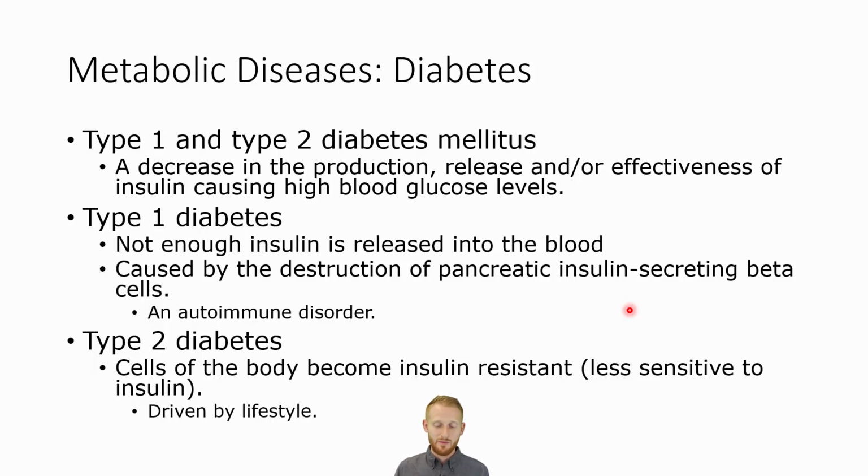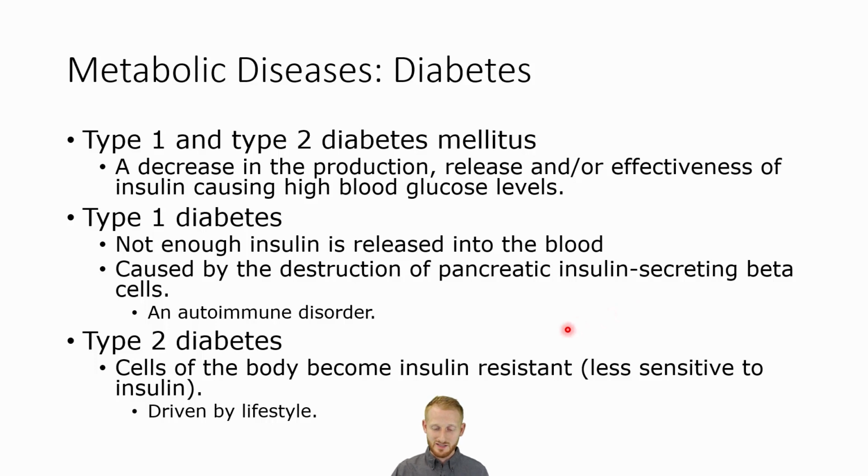Type 1 diabetics typically have some sort of autoimmune disorder or some sort of injury to their pancreas that killed off enough of the beta cells that they are no longer capable of producing enough insulin to regulate the blood glucose levels. So type 1 diabetics, usually some sort of injury or autoimmune disorder.